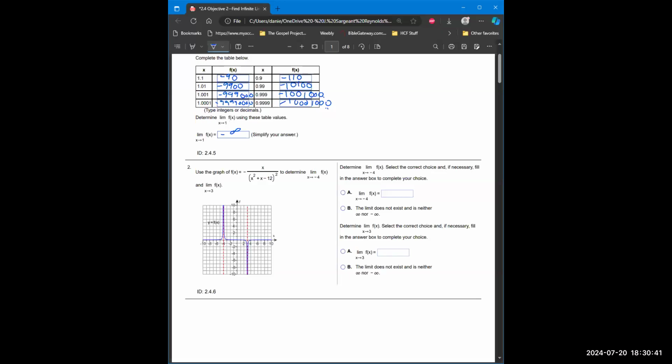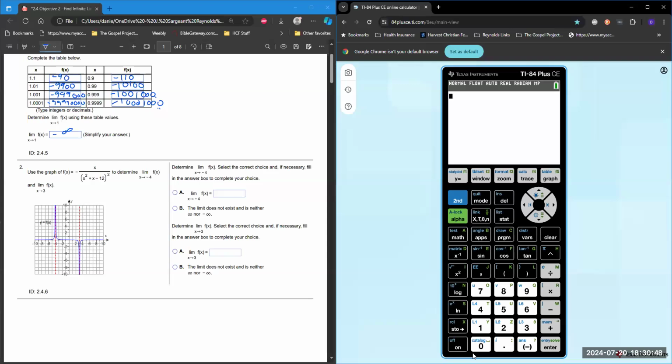So we can say here that the limit is going to positive infinity. Your teacher may want you to say that the limit does not exist because it increases without bound, but our options here are to give an answer that's either a number or positive or negative infinity, and we only use the second option when it does not exist and is neither infinity nor negative infinity.